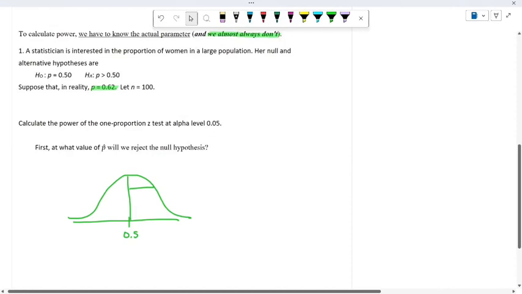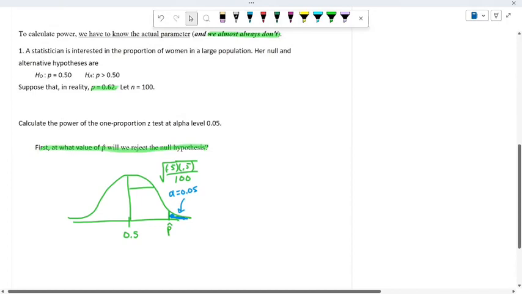To do so, the first thing we're going to do is say, what is the p hat for which we will reject the null hypothesis? So if the null hypothesis is 0.5, our standard deviation would be the square root of 0.5 times 0.5 over 100, and our alpha is 5%.